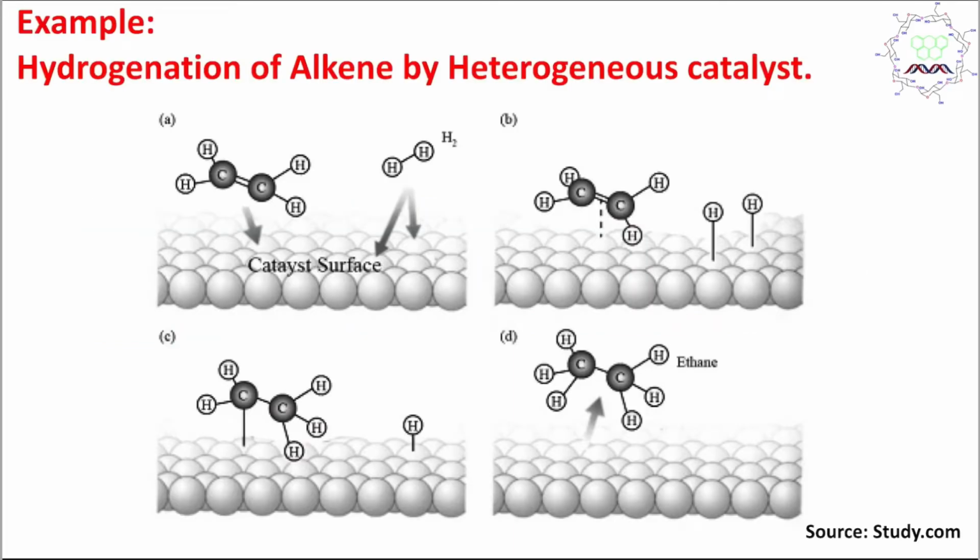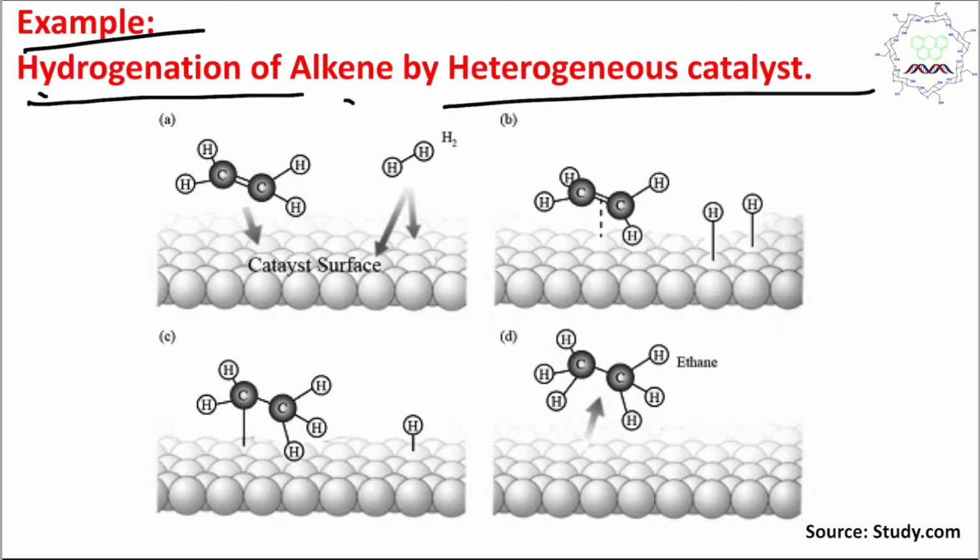Now, let's come to an example of heterogeneous catalysis, that is hydrogenation of alkene using a heterogeneous catalyst. In this case, for example, this is the palladium catalyst bed. So this is heterogeneous because it is not miscible with the substrate, and in this way this reaction happens. This alkene you can see is first attached.